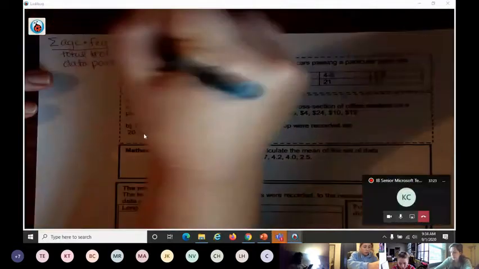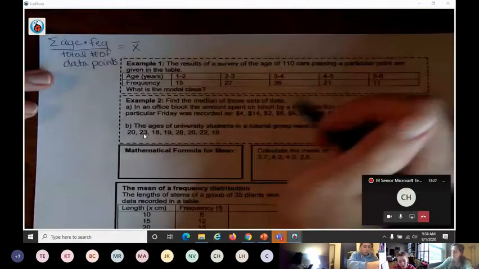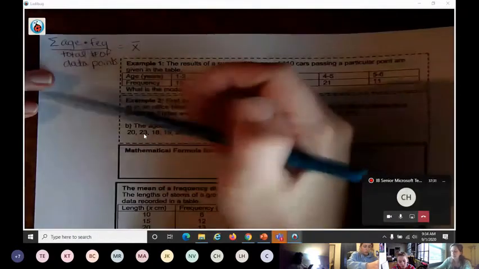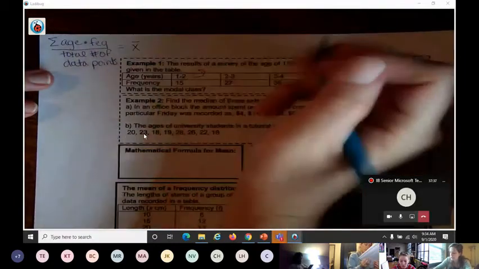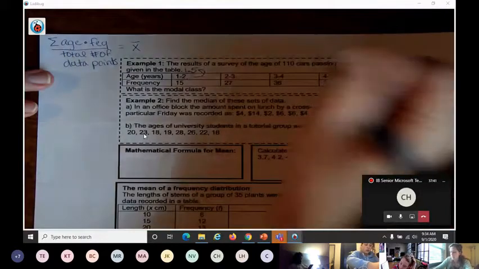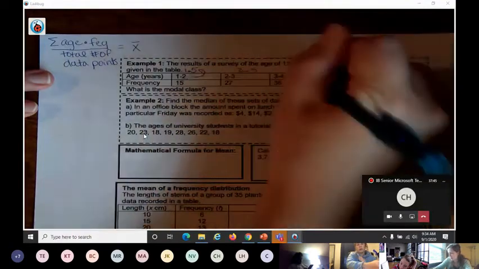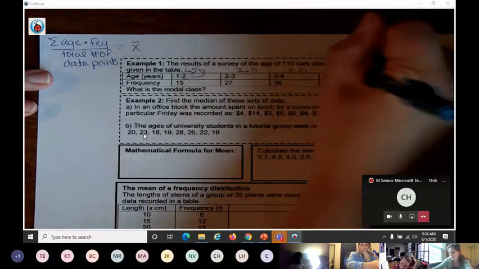Now, our age was given in a range, 1 to 2 years. So when we multiply by our frequency, what we really want to do is multiply by our average age. So we want to change this to 1.5, change this to 2.5, 3.5, 4.5, and 5.5.